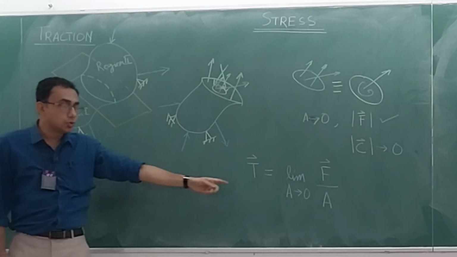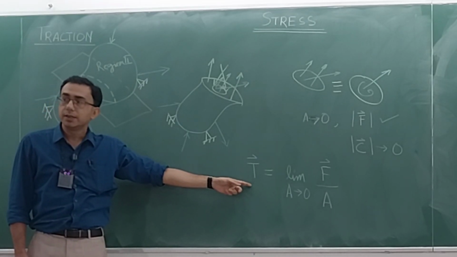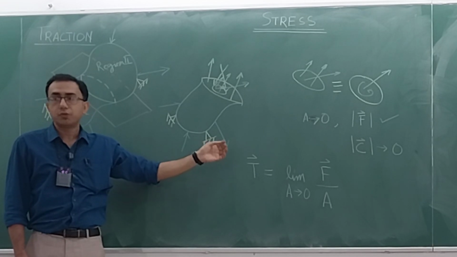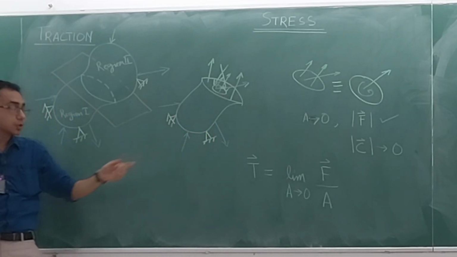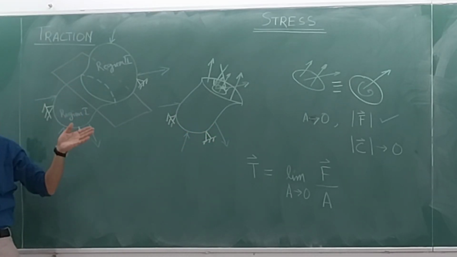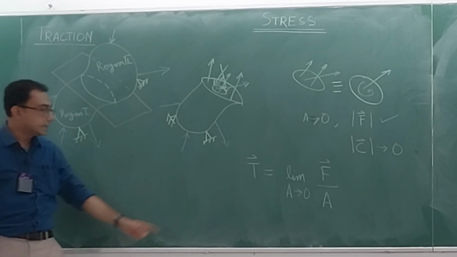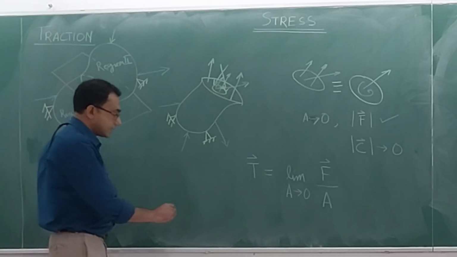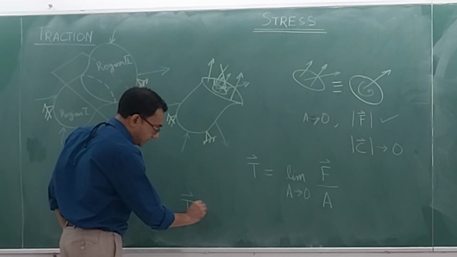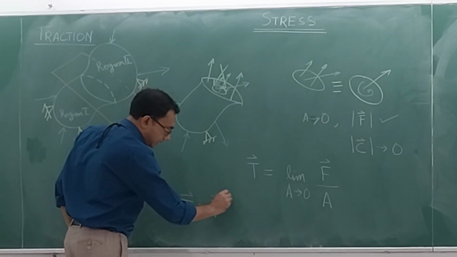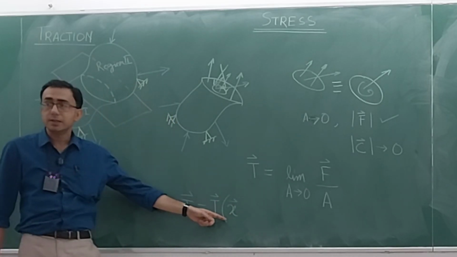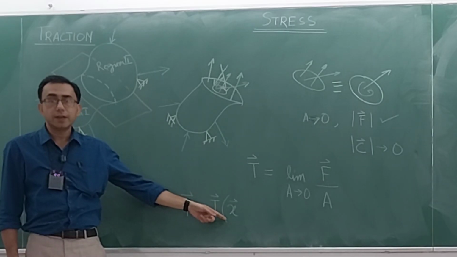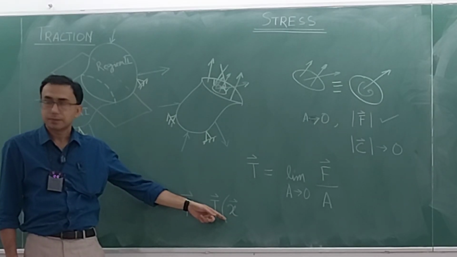So this traction is not only connected to the distinctiveness of the point where you are concerned, it is also associated with the choice of the plane on which you are concerned. That is why this traction T is written formally as a function of the point x, which represents the position vector of the point of interest.